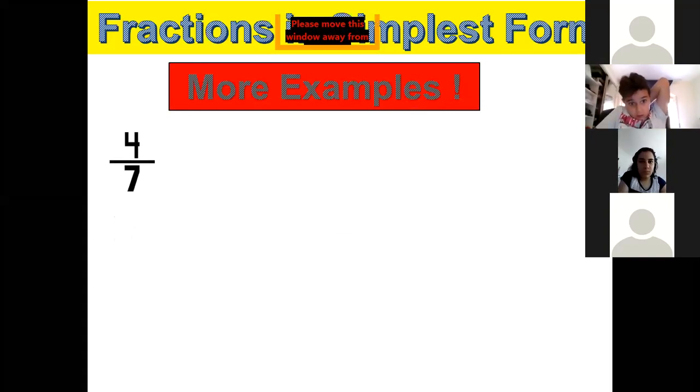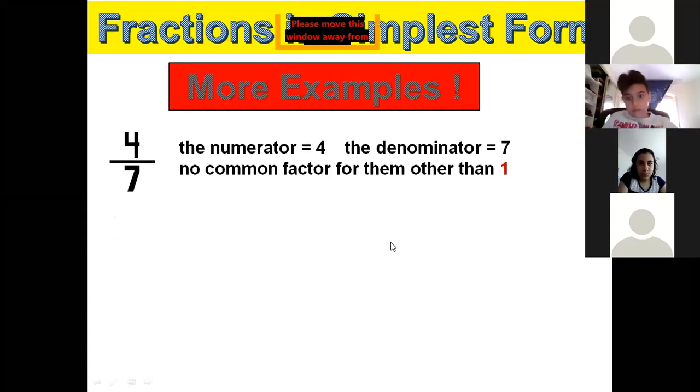Same as 4 over 7. The numerator is 4 and the denominator is 7. 4 has other factors like 2 times 2 is 4, 4 times 1 is 4. For the factors of 7, there's only 1 times 7 equals 7. So they have nothing in common other than 1, so it is a fraction in simplest form.